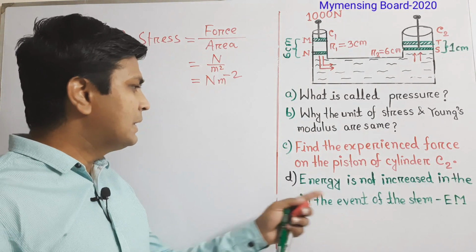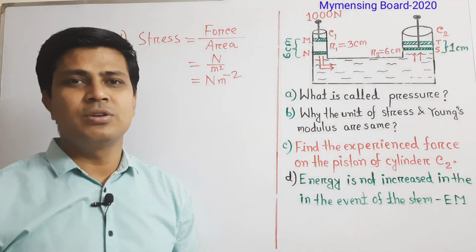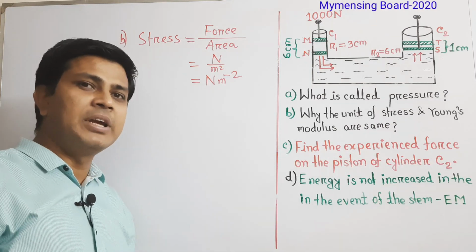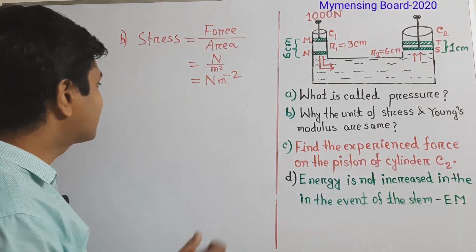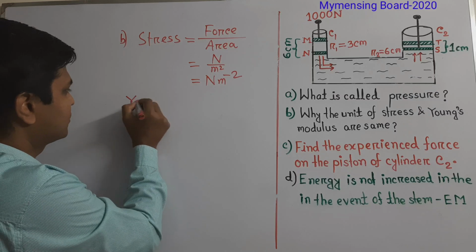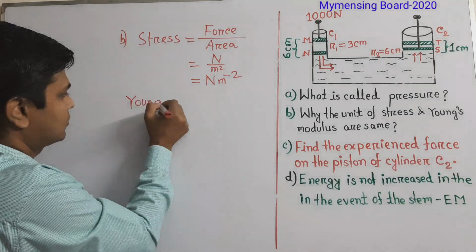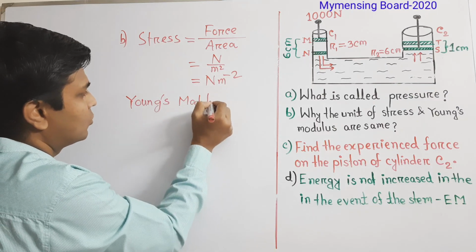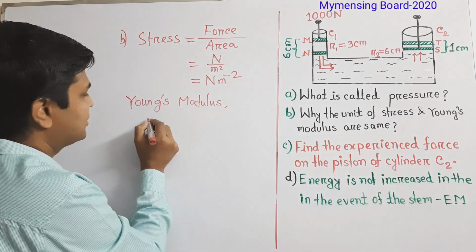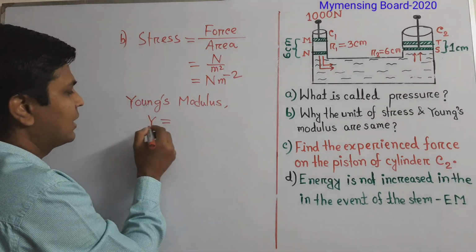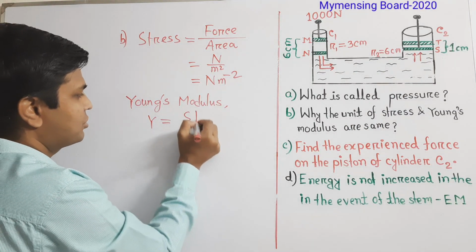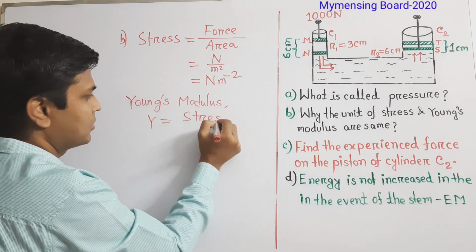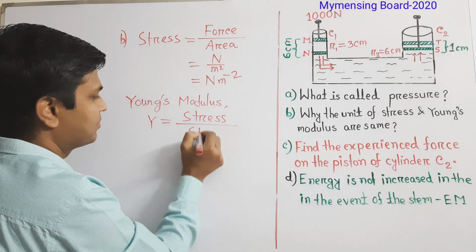Similarly, we know Young's modulus is the ratio of stress and strain. It is denoted by Y, and the formula is stress divided by strain.